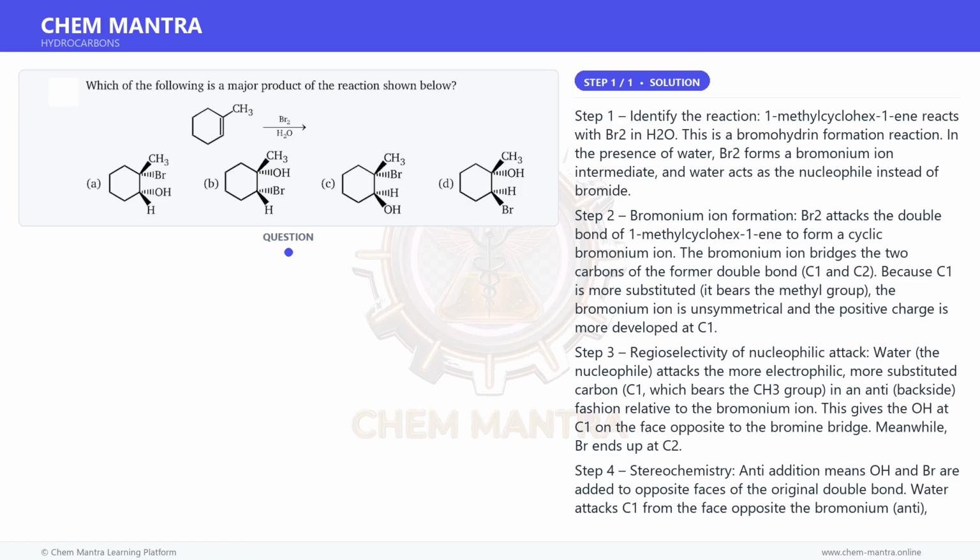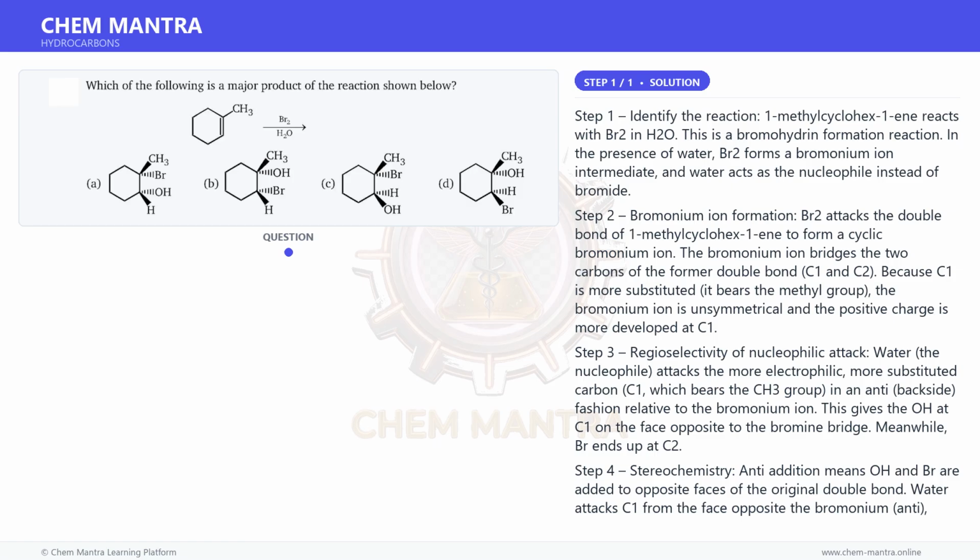C2, Br at the bottom, same side as the bromonium was, i.e., opposite to OH, and H on dash. This corresponds to option D: cyclohexane ring with CH3 on wedge at C1, OH on wedge at C1, H on dash at C2, Br at bottom of C2.